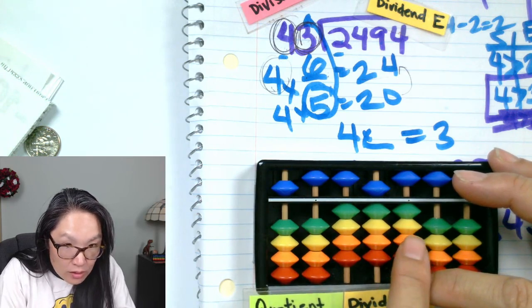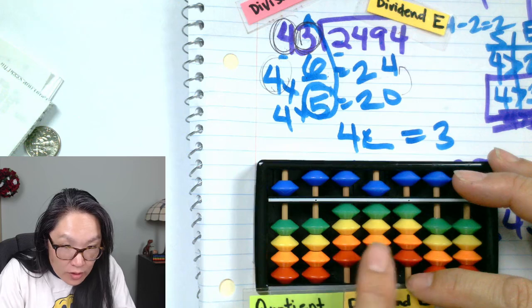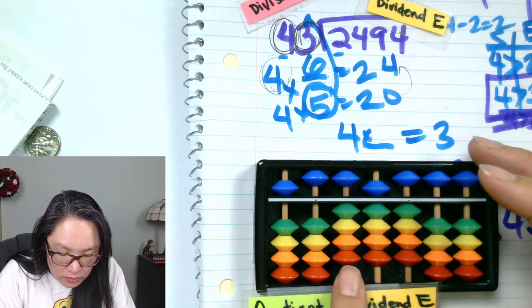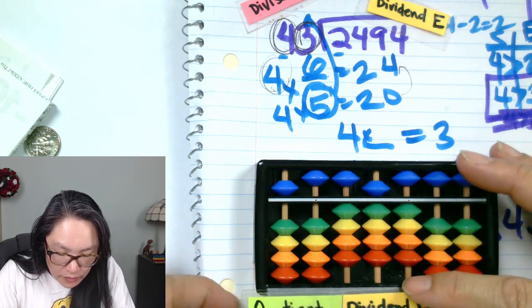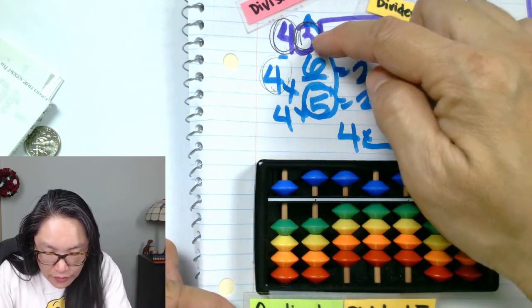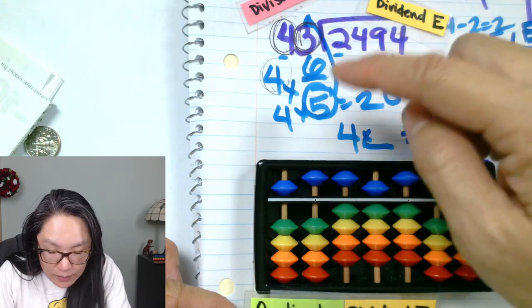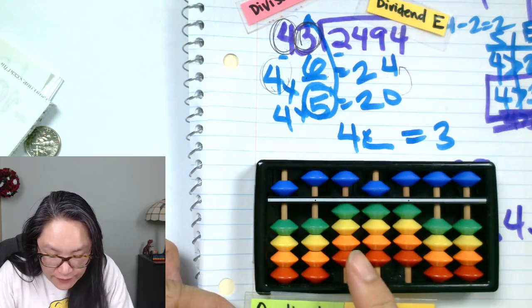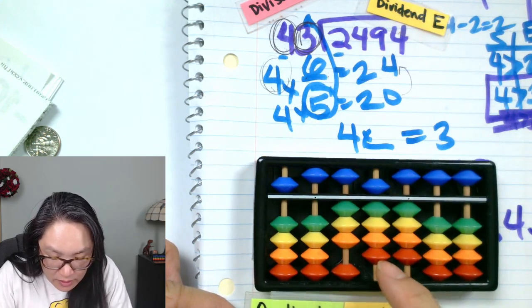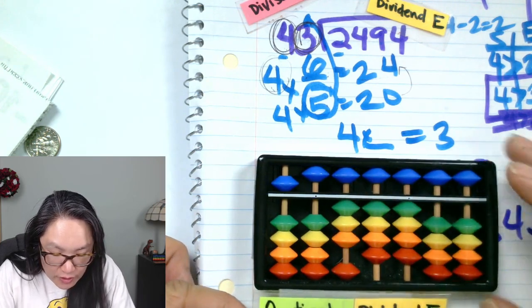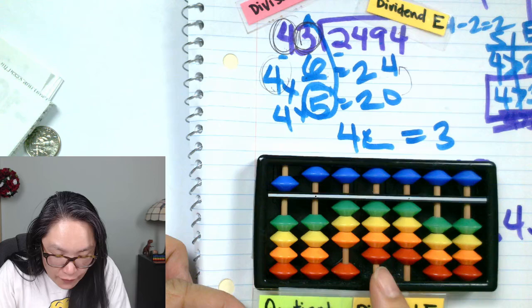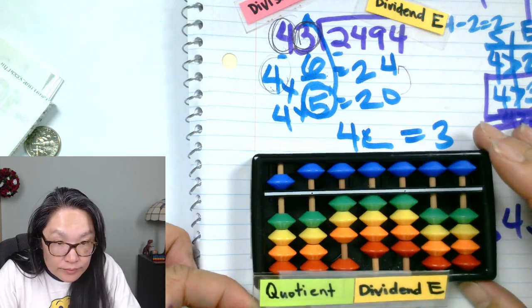So now I have 494. 3 times 5 is 15. Take away 1, take away 5. So then we're left with 3, 4, 4.